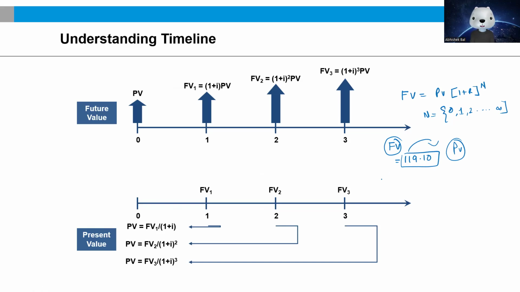Well, it's simple, isn't it? If we say that 100 into 1 plus 6% to the power 3 is equal to 119.10, this is equivalent to saying that 100 is equal to 119.10 divided by 1 plus 6% to the power 3.